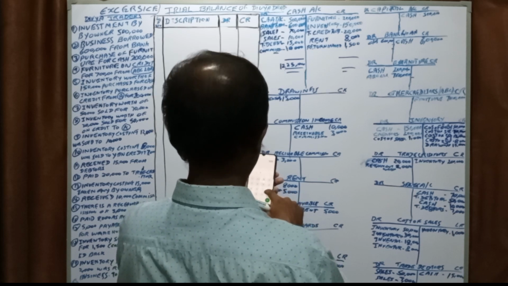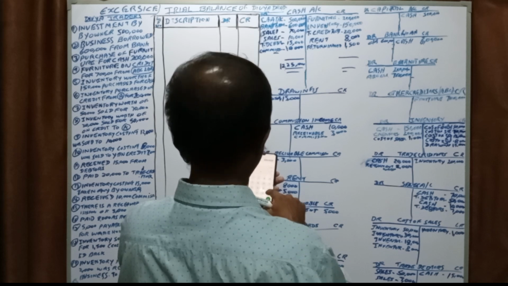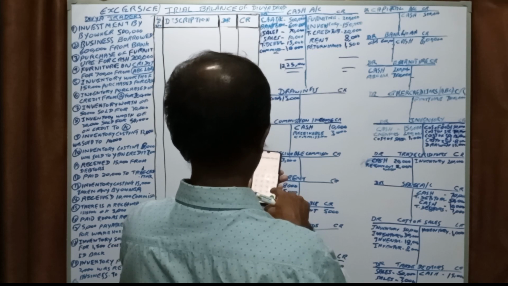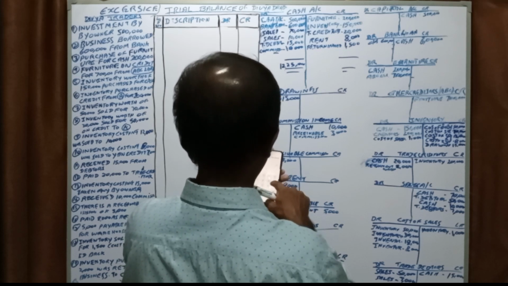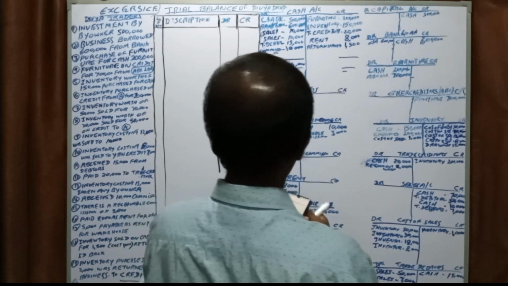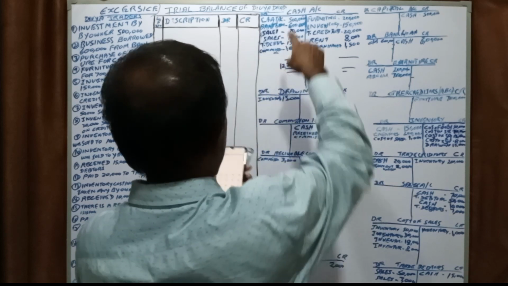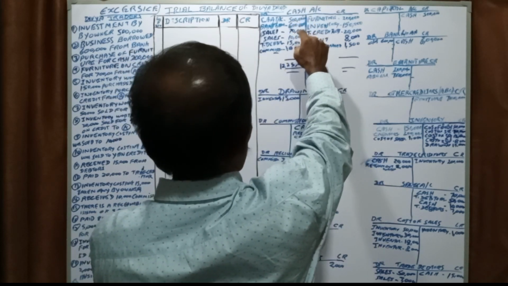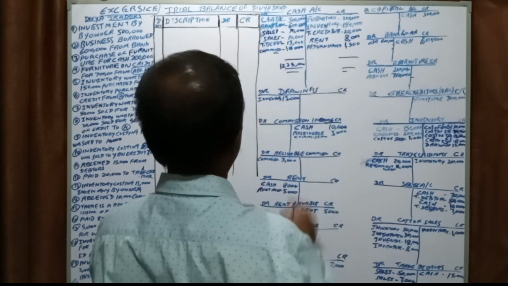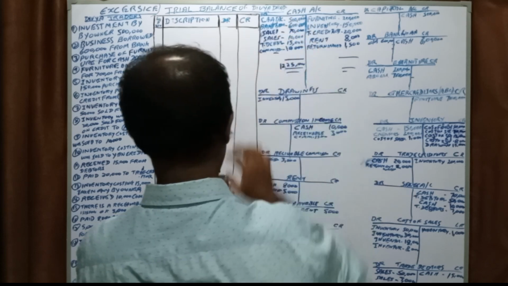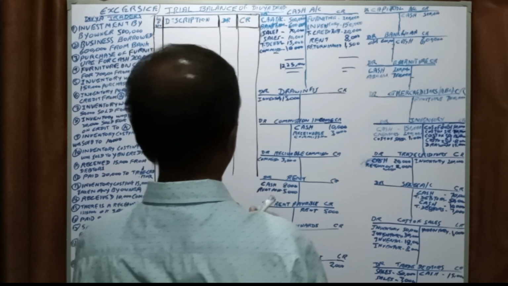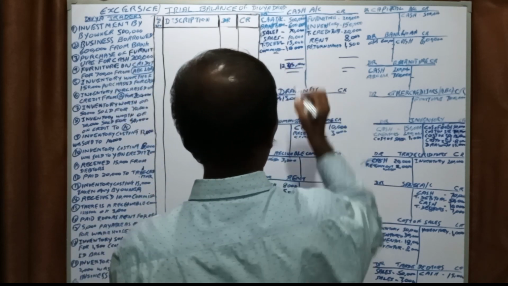500 plus 600 plus 70 plus 10 plus 15 plus 10, that is 1,205.